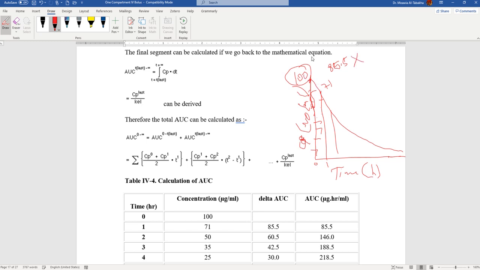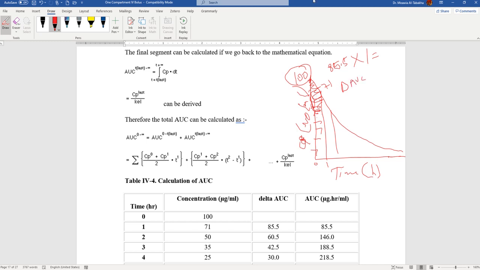So multiplying this by the width will give you the area under the curve for the first segment, وبنحكي لها delta AUC.